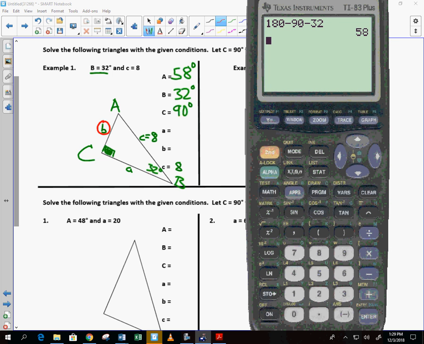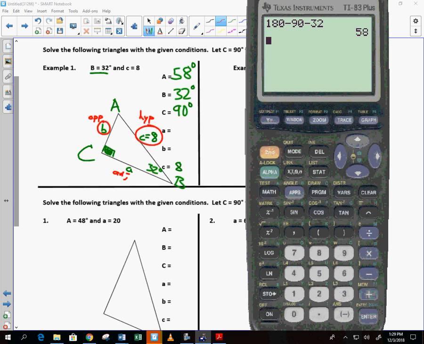Colby would like to find B, and he's given side C. You guys tell me. This is the hypotenuse. B from 32. Is that the opposite or the adjacent? Opposite. How about A? Adjacent.